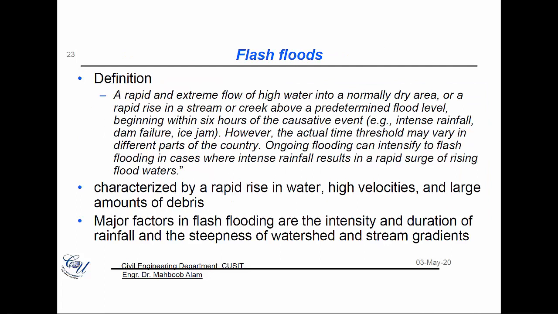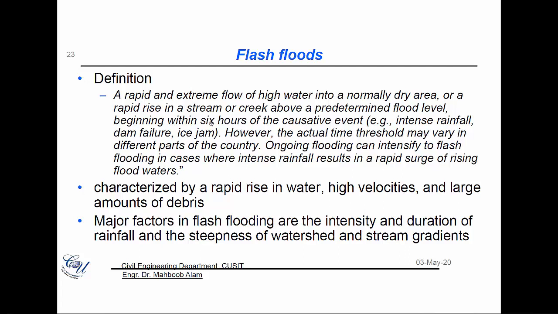Flash floods usually occur in hilly areas. There is a certain time usually associated with it, which is 6 hours. If a causative event has occurred, it can be a rainfall event or maybe a dam failure, but whatever the event is, if the reaction of that event is shown in the shape of a flood within 6 hours, then usually we call it a flash flood.